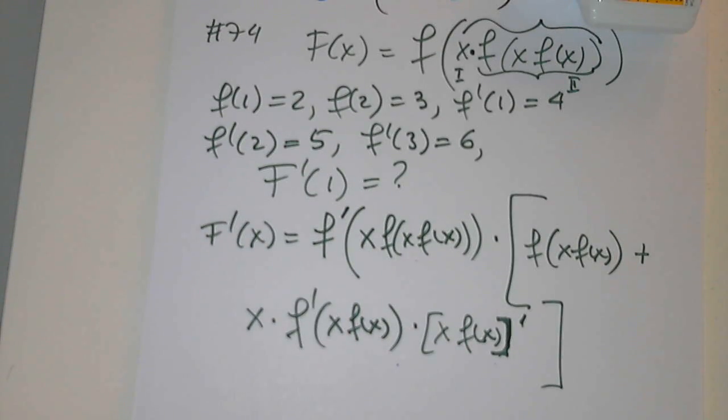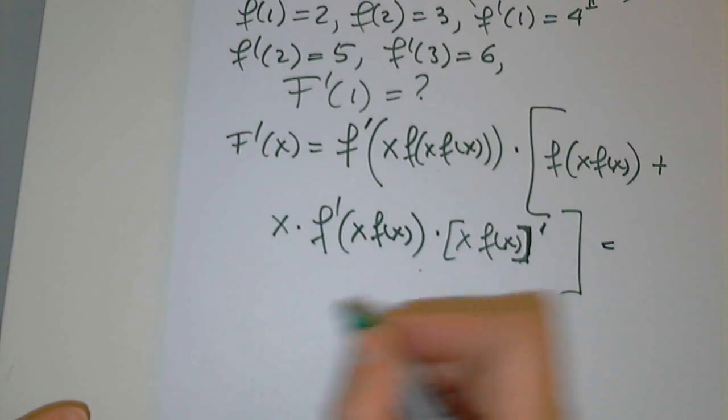So it was a product, first function times the second, plus the first times the second prime. But I have not completed the last part. But now this is a product. So I have to use the product rule again. So this is the first function and this is the second function. Careful, we need to copy everything without changing anything.